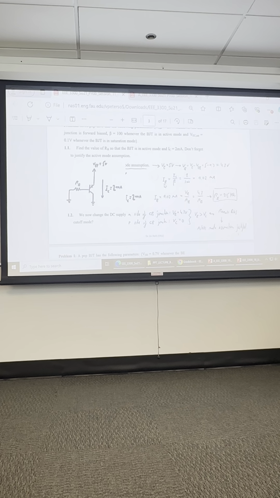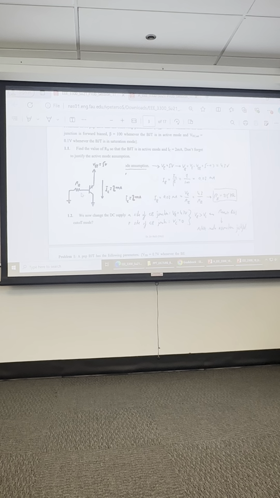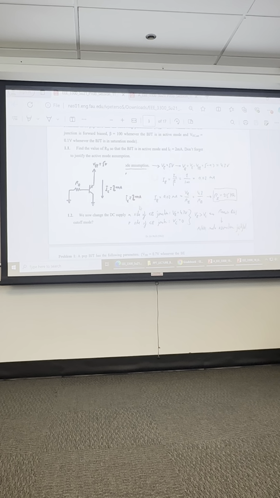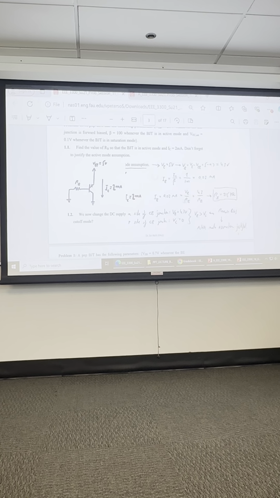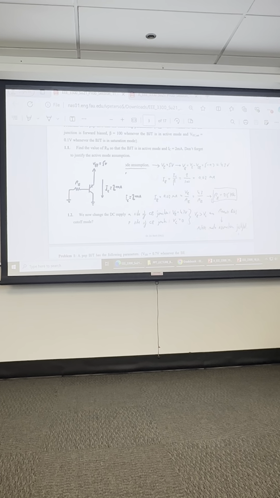The base current is I sub C over beta because we assume active mode, so we have 0.02 milliamp through R sub B. And I sub B is V sub B over R sub B. You notice the two equations for I sub B are two versions of it. So I sub B is 4.3 volts over RB, and it's 4.3 volts because RB is connected to ground, so RB is 250 k ohm.